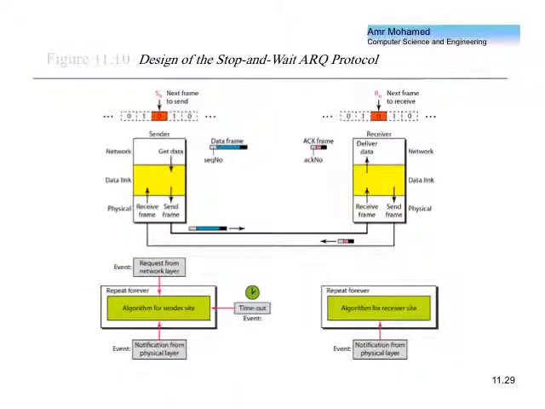So this is the algorithm, and as we said, we have three events. One is get data request to send, the other is that the acknowledgement arrived, and the third one is if there is a timeout, because I cannot wait forever in that case. Whenever I receive a request to send event, I need to send data similar to what we have done before, and then wait for the acknowledgement.